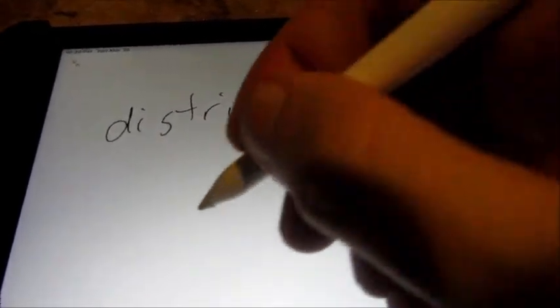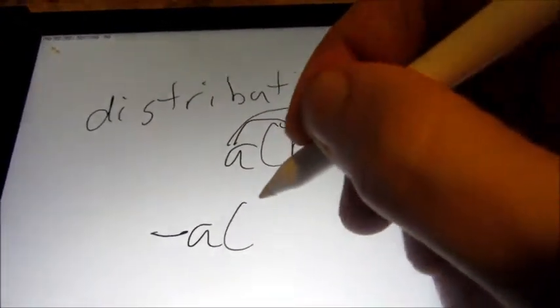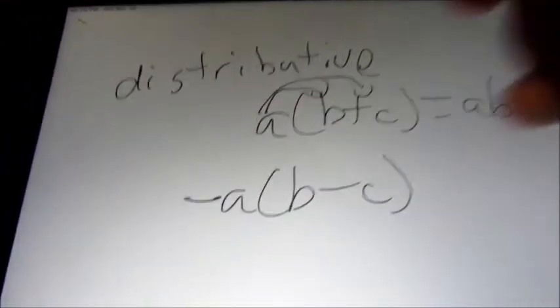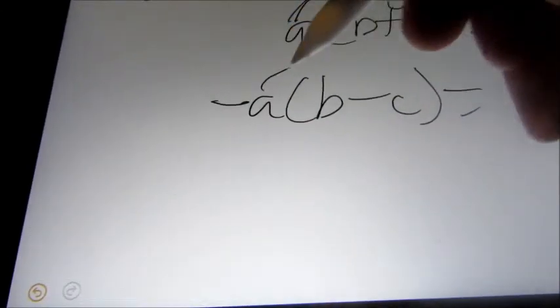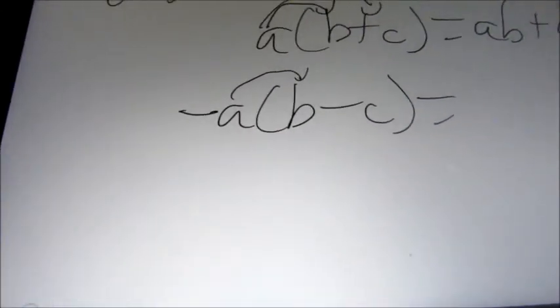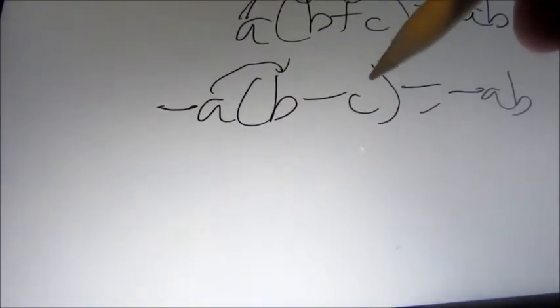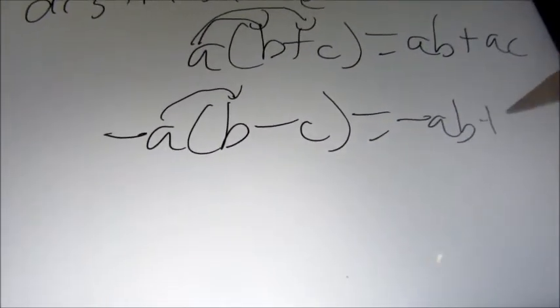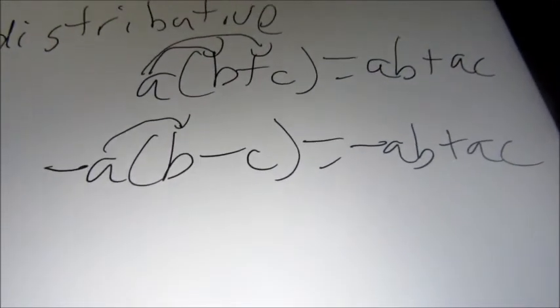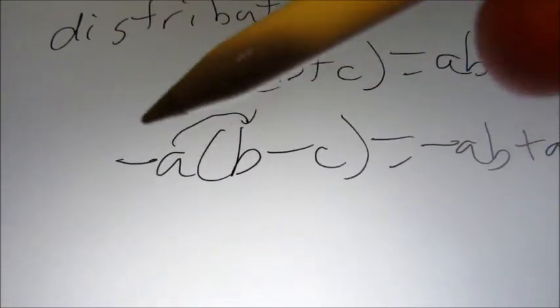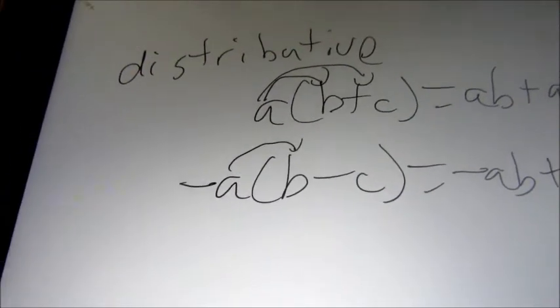If we have something like negative a times b minus c, then it's negative a times b, which is negative ab, and negative a times negative c, which is positive ac. So make sure that if there's a negative in front, you also distribute the negative.